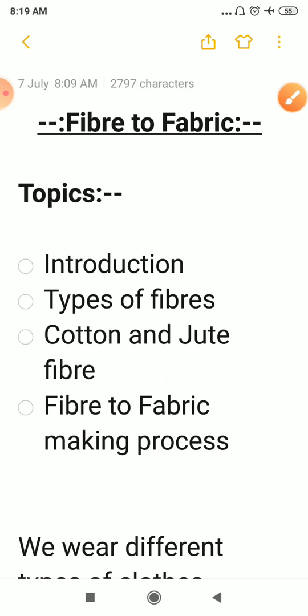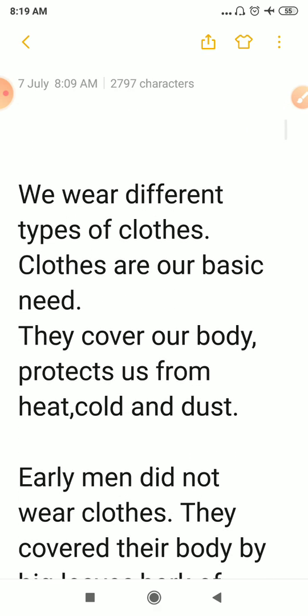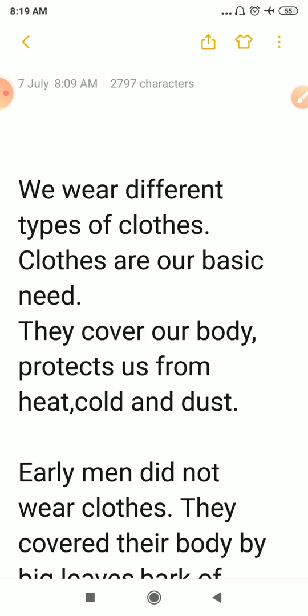Students, you know that clothes are one of the basic necessities of human beings. In today's world, if somebody comes out of his home without clothes, what will people say about him?